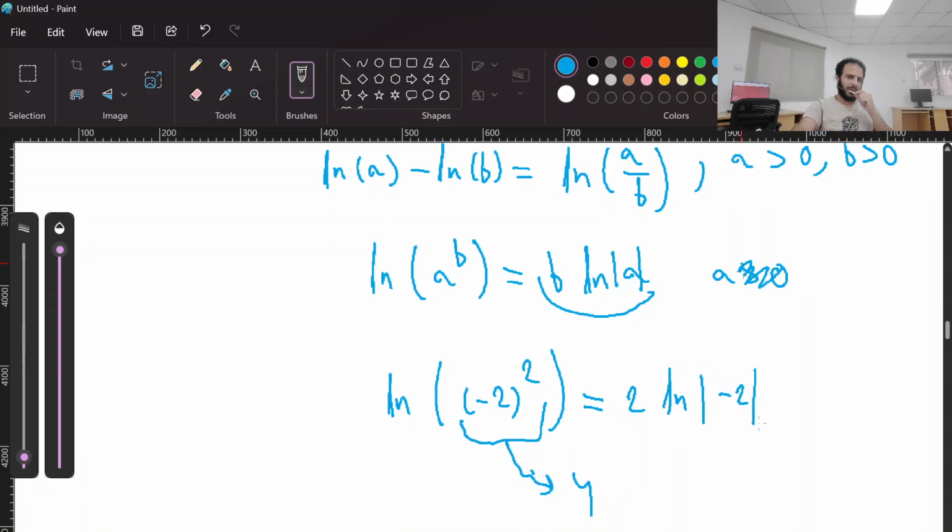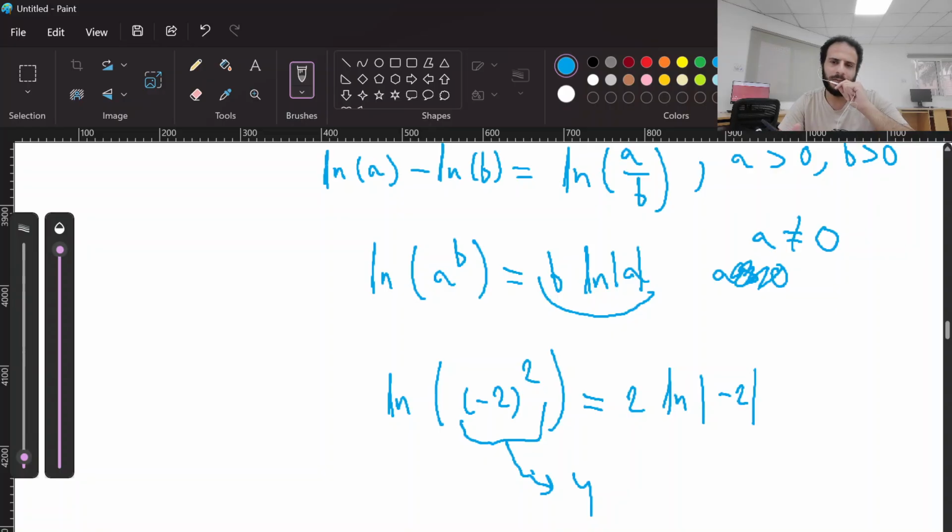So here, a is what? Not 0, just not 0. A can be non-zero as long as b is even. Yes, you are right, we need to write that b needs to be even if a is negative.